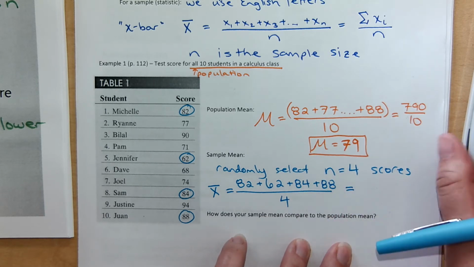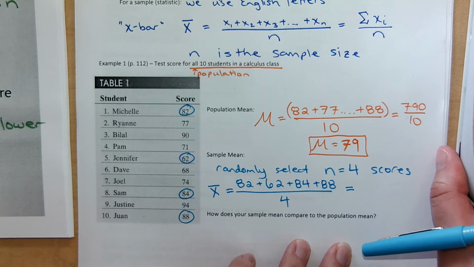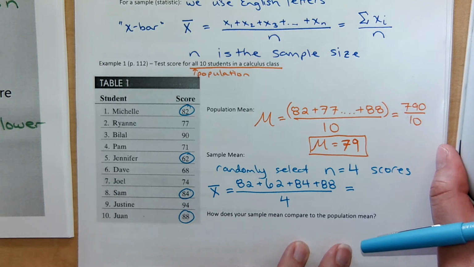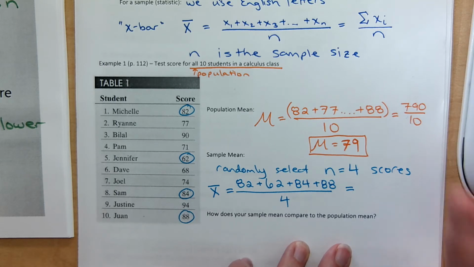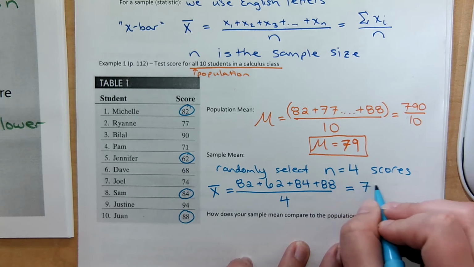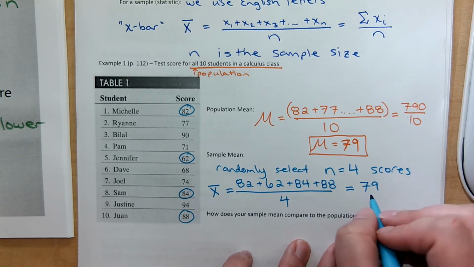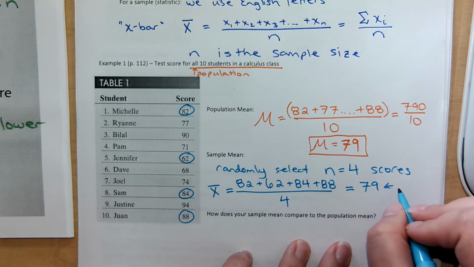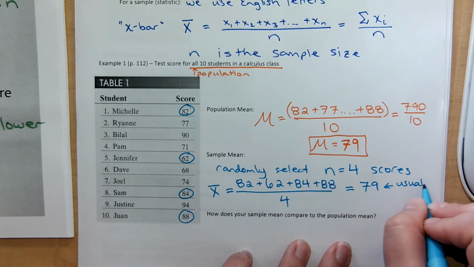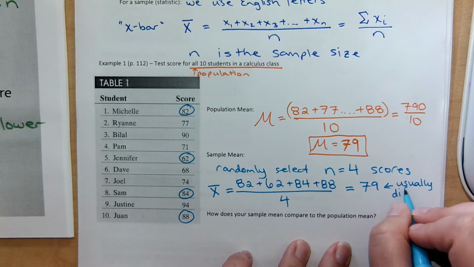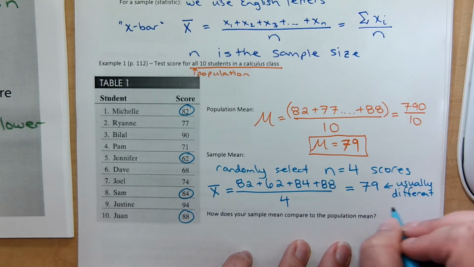Oh wow, mine ended up being the same number. It shouldn't be the same number, I just must have chosen very carefully. It was totally random. Mine ended up being the same, which is not normally the case. But your number should be different. It's usually different, I'm not going to say it's always different, from the population.